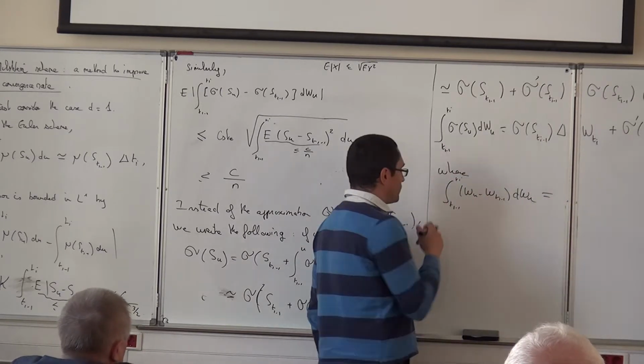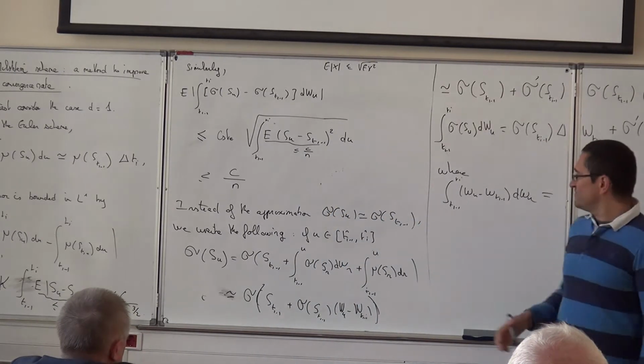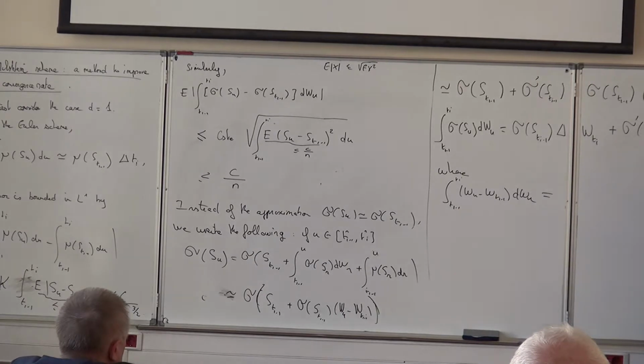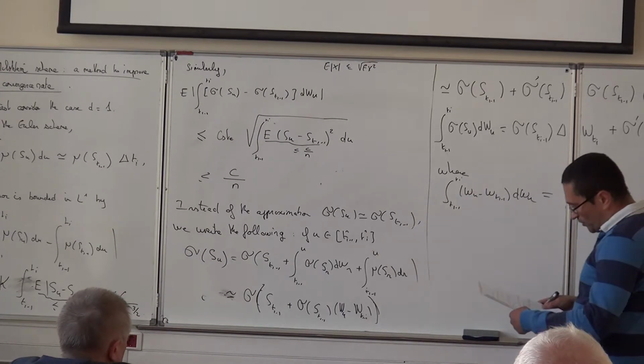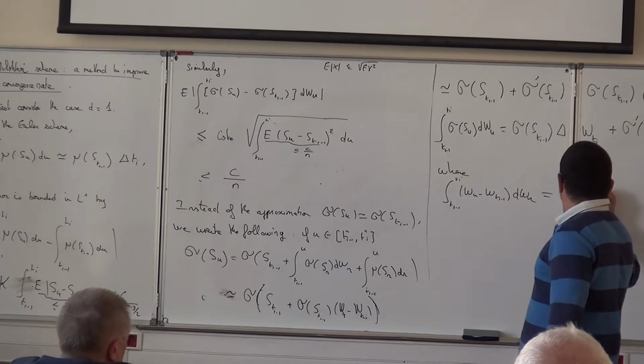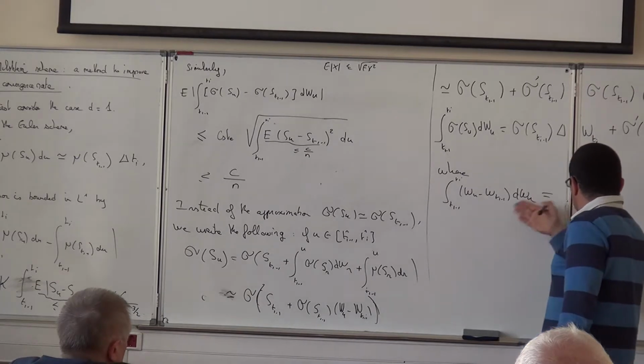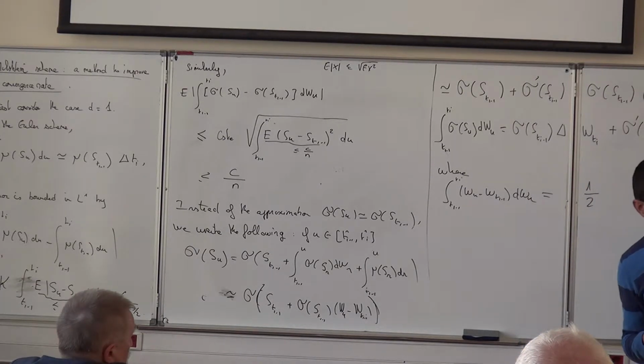The integral from T_{i-1} to T_i of (W - W_{T_{i-1}}) dW is a classical result which is very well known generally from 0. But of course, it is a Brownian motion starting from T_{i-1}. Okay? So this result comes from the integration by parts formula.